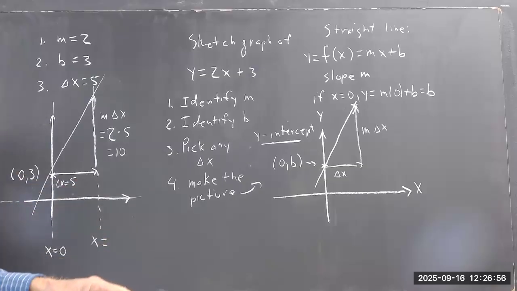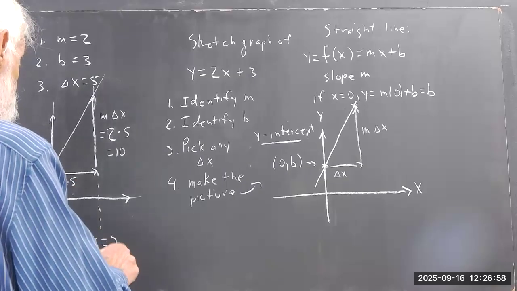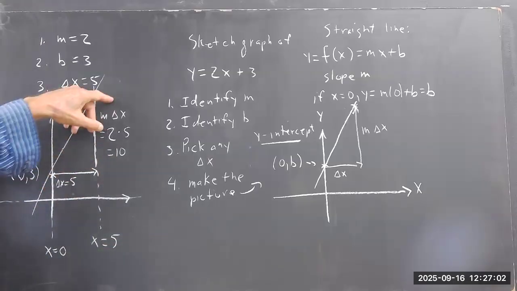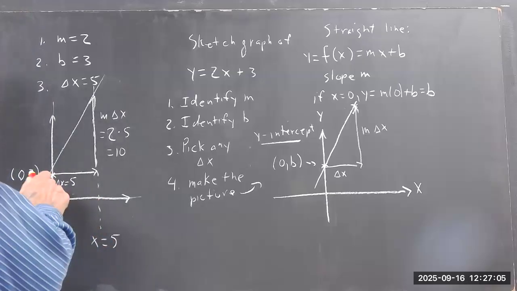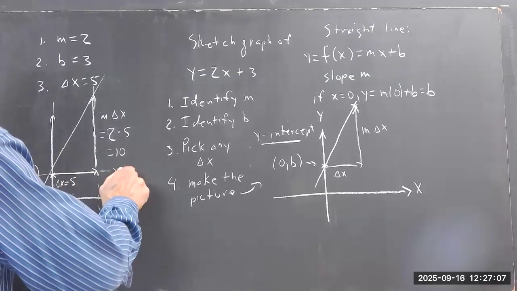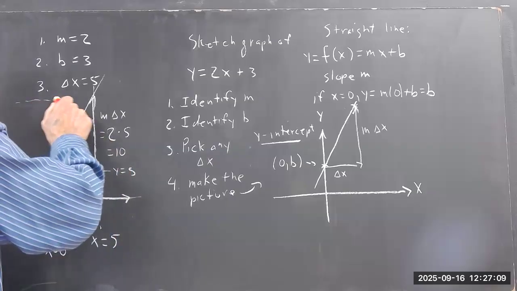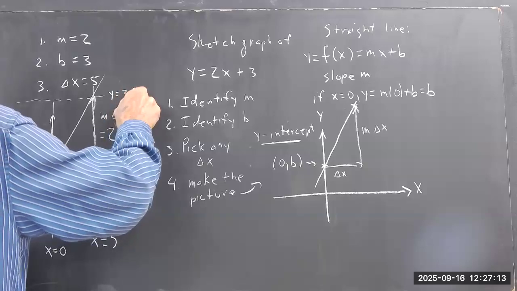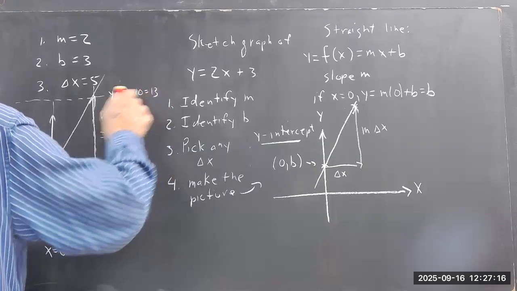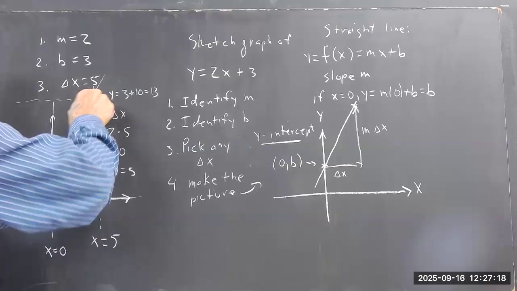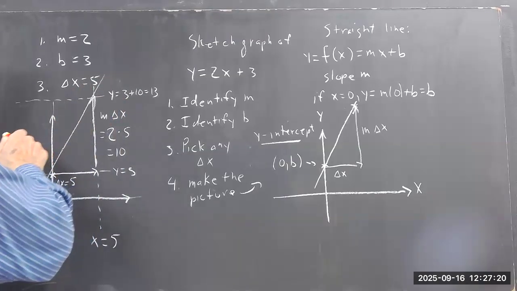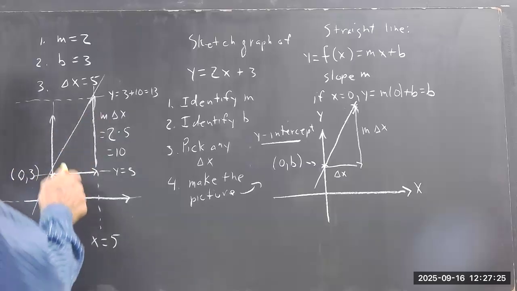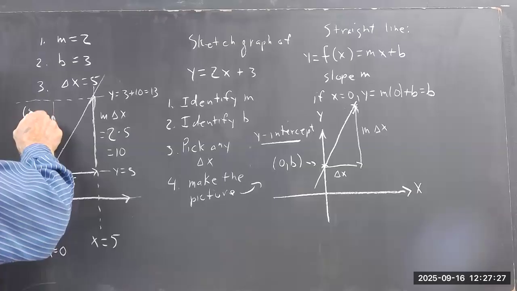It's in the x direction. So x equals 5. And m delta x is 10. So let's see, this is a line y equals 3. So this must be the line y equals 3 plus 10 equals 13. So the coordinates of this point should be (5, 13).